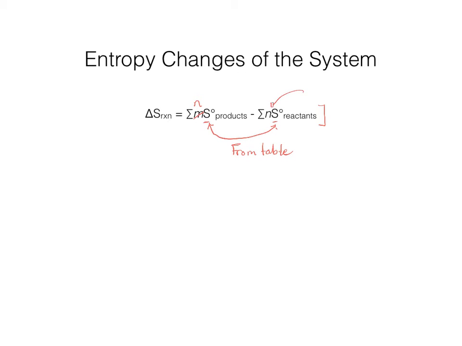And these n's are the stoichiometric coefficients. And then we added things up and we found this delta of the reaction. And in this case, this is the delta S, so the change in entropy for that reaction.